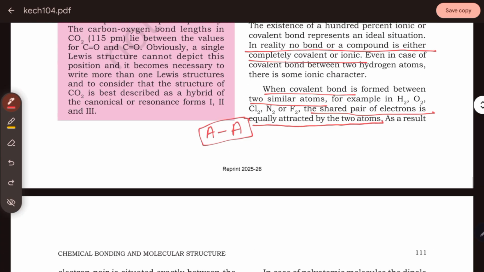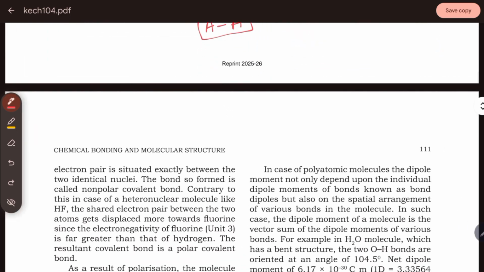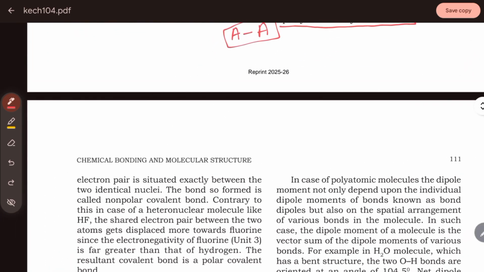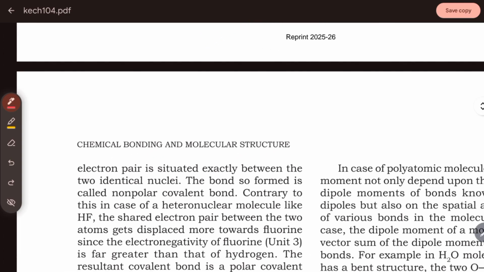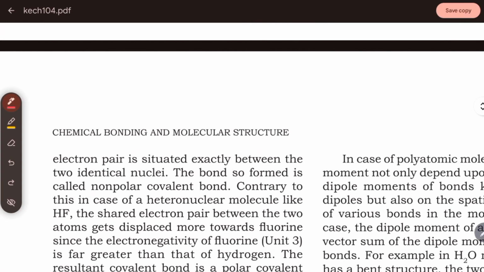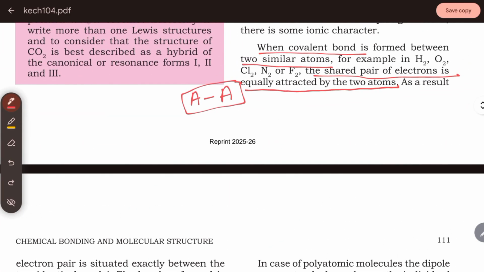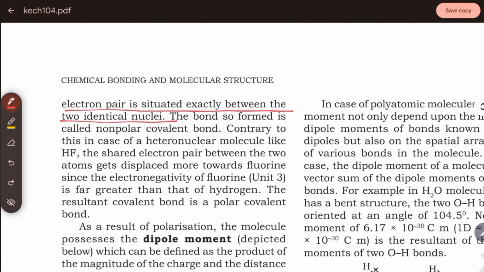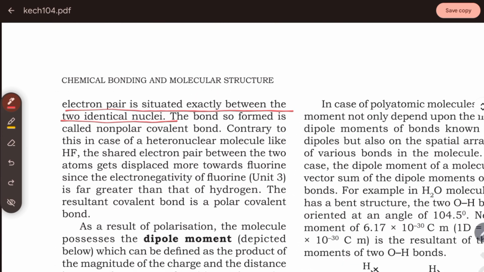As a result, the electron cloud is located almost at the center of the bond length, exactly between the two identical nuclei. These are known as non-polar covalent bonds because there is no polarity difference.